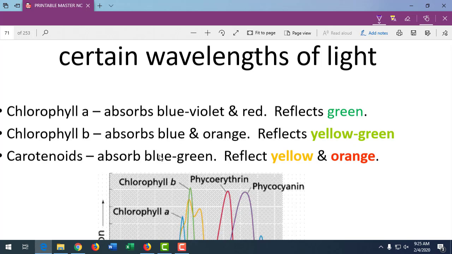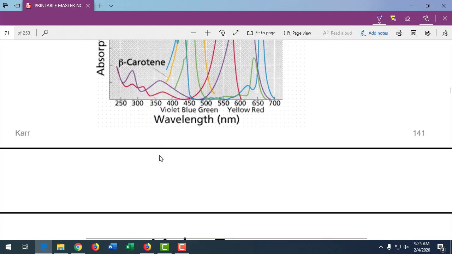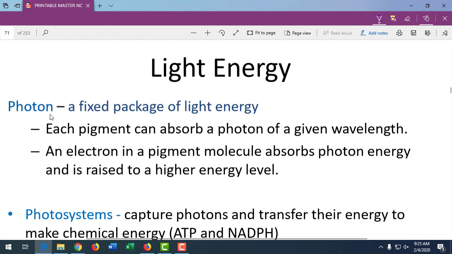So there's energy in light. The little particles of light, we call photons. So photons are energized particles of light that are absorbed by chlorophyll. Make sure you know the word photon.